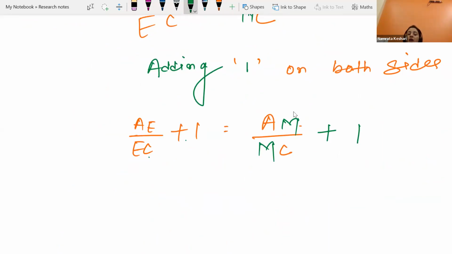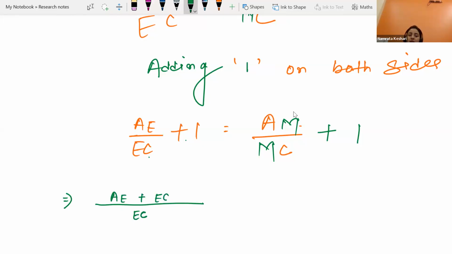Can you tell me, अगर हम लेफ्ट हैंड साइड में एलसीएम लेंगे तो क्या मिलेगा? ec, right? Yes. Okay, in the numerator what we will be having? AE plus EC.